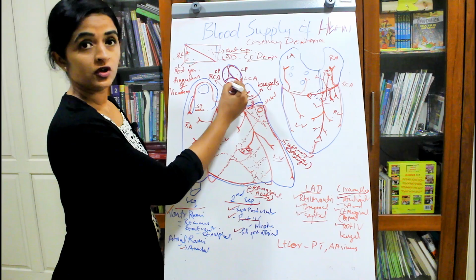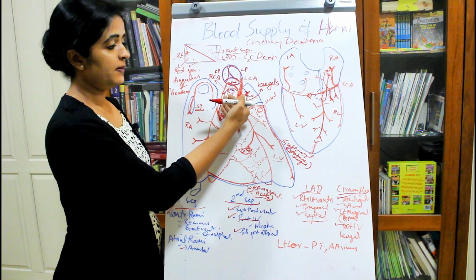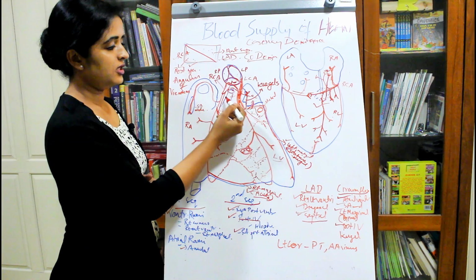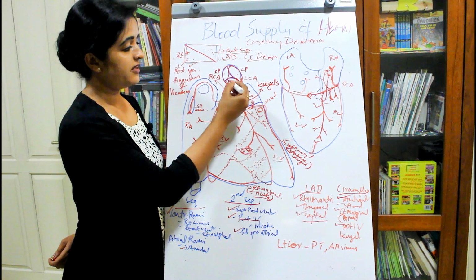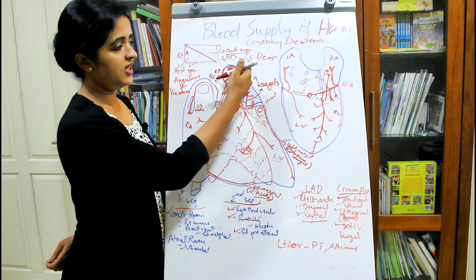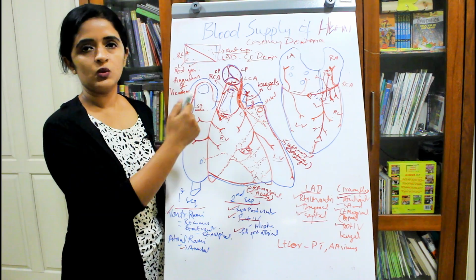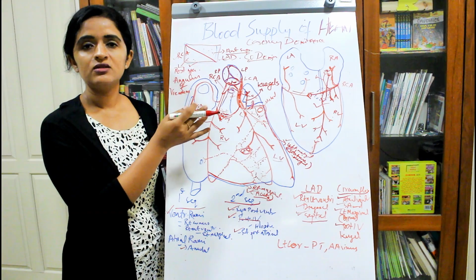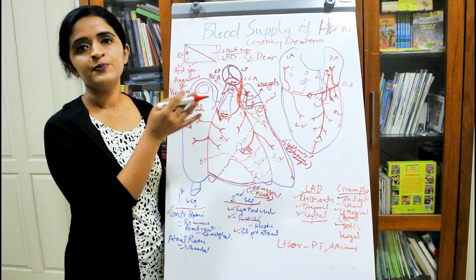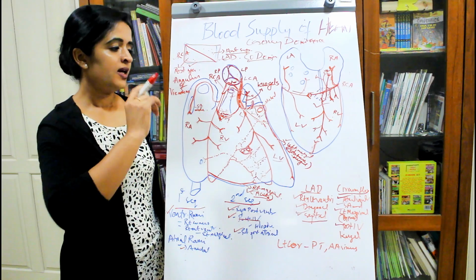So this left coronary artery will be trapped between the pulmonary trunk and the aorta. You can see the pulmonary trunk here and you can see the aorta. So this left coronary artery, which has a longer course, will be trapped between the aorta and pulmonary trunk. So what will happen? There will be sudden occlusion of the left coronary artery, and that is one of the reasons for sudden cardiac death.